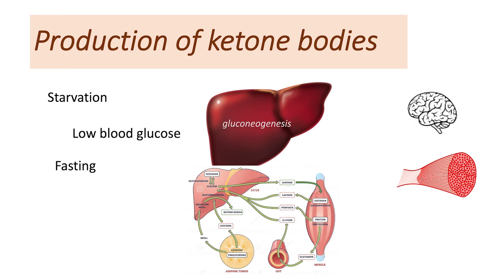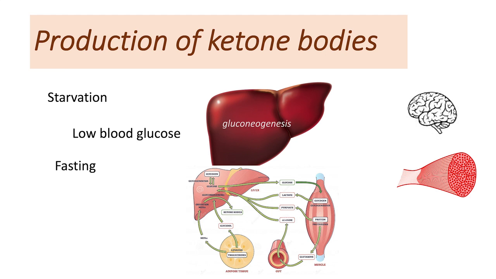However, when the blood glucose is low, then the liver has to convert either amino acids or lactate or pyruvate or glycerol into glucose for the brain, during the mechanism called gluconeogenesis, and we know the ketone bodies are the byproduct of this mechanism.